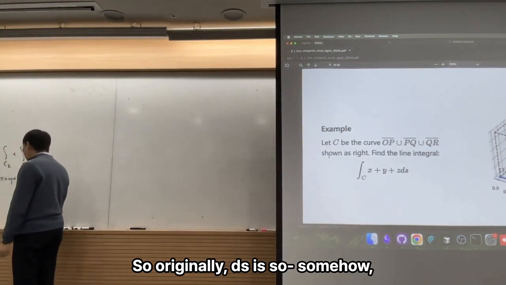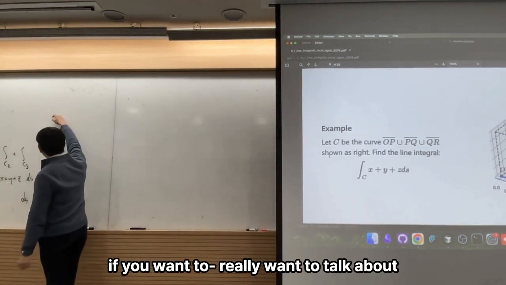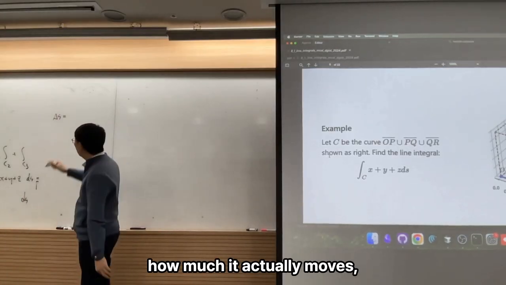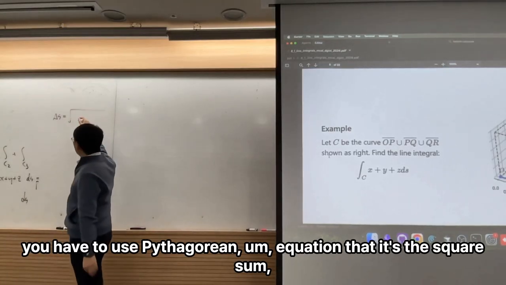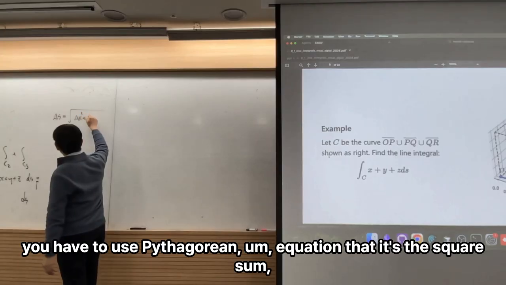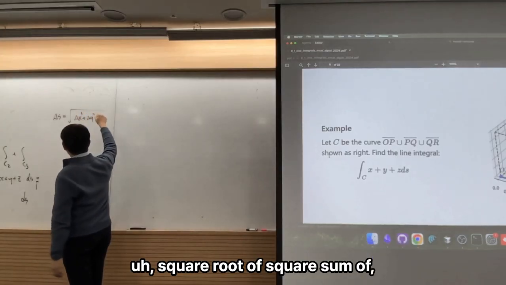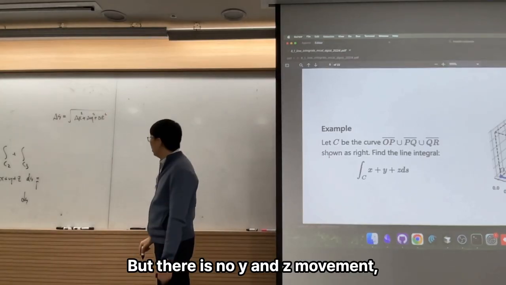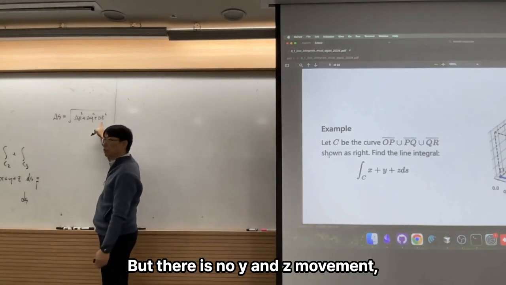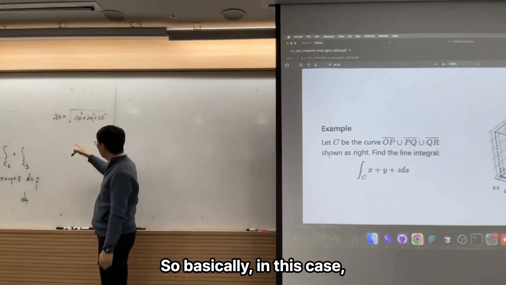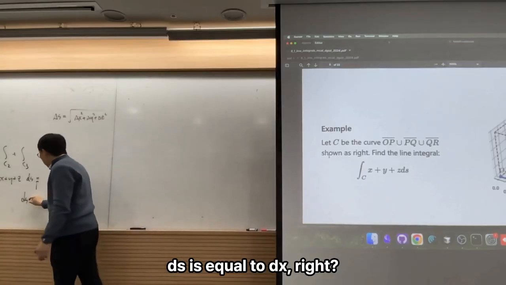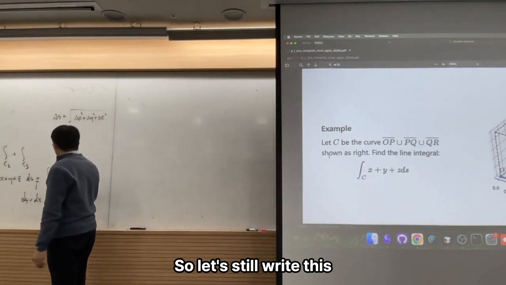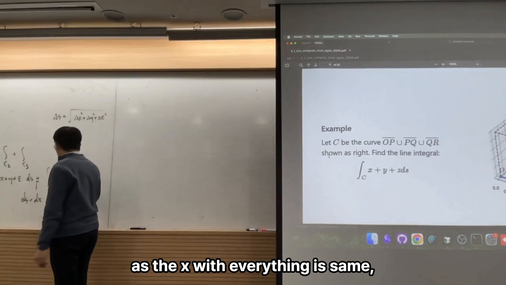Originally, if you really want to talk about how much it actually moves, you have to use the Pythagorean equation, the square root of the sum of squares of the movement in x, y, z, right? But there's no y and z movement, so del y and del z are 0. So basically in this case, ds is equal to dx, right? Let's still write this as dx, but everything is the same.